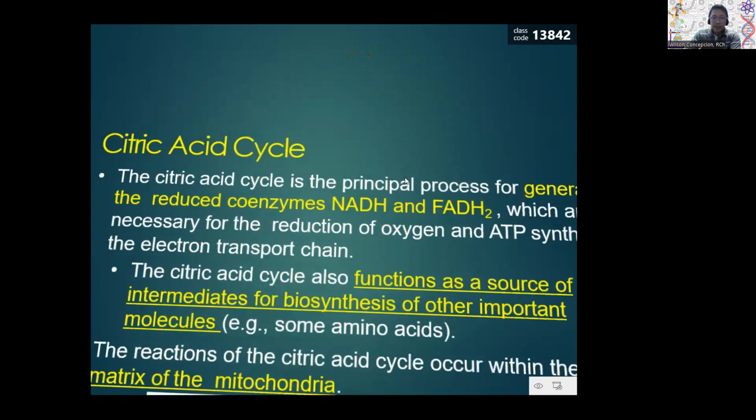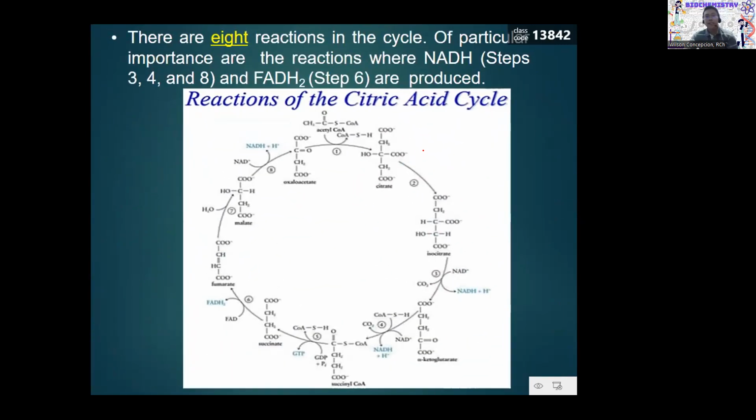So, ito na ang complicated process of citric acid cycle. Di ba? Oh, very complicated, no? Hindi na lang siya bilog. As I mentioned, hindi na lang siya basta roundabout. Di ba? Hindi na lang siya rotonda because it contains different steps. Kumbaga ay may traffic ka pa na pagdadaanan.